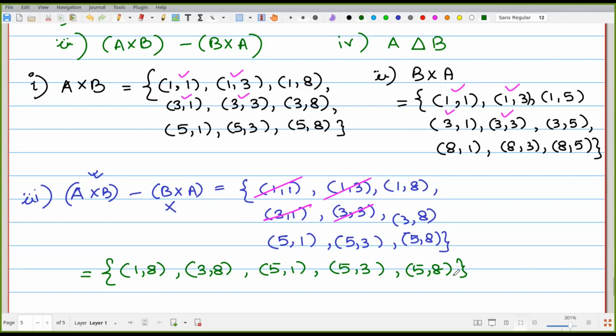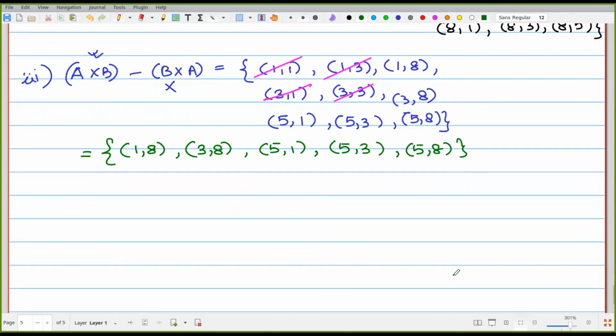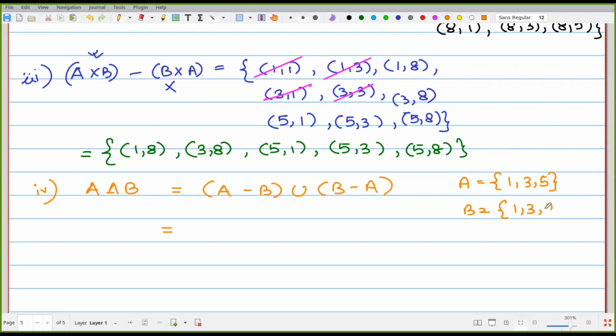And finally, A symmetric difference B. That one was also discussed in the last class, but once again, what is the formula for A symmetric difference B? We can write it as A minus B union B minus A. A was {1, 3, 5}, B was {1, 3, 8}.